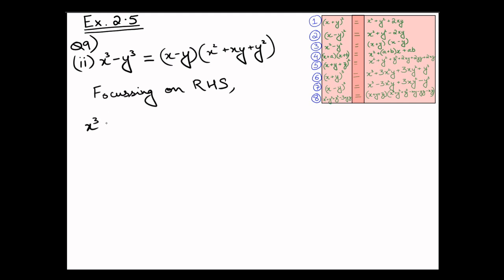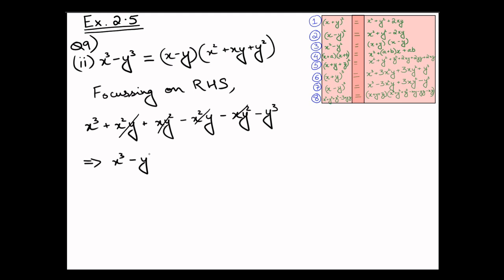We get x cube plus x square into y plus x into y square minus x square into y minus xy square minus y cube. Again, we'll cut the terms which are same with the opposite sign, and what we're left with here is x cube minus y cube.